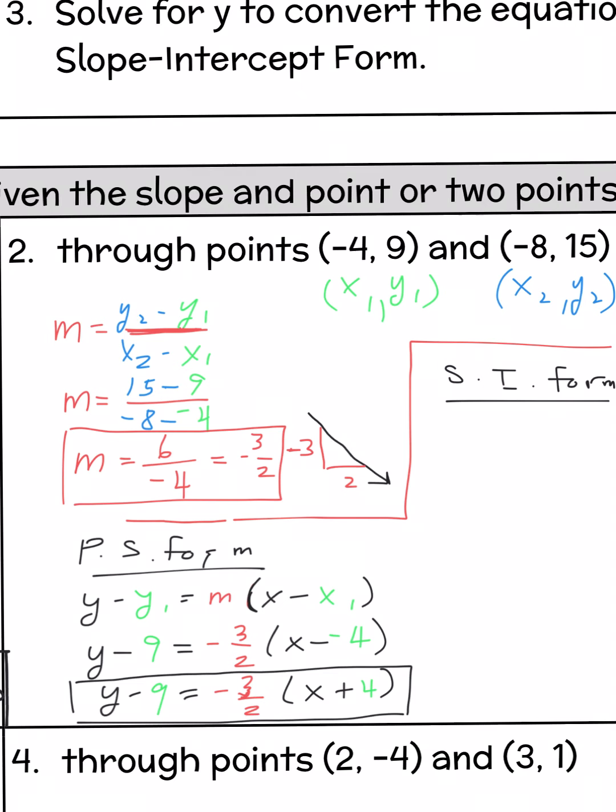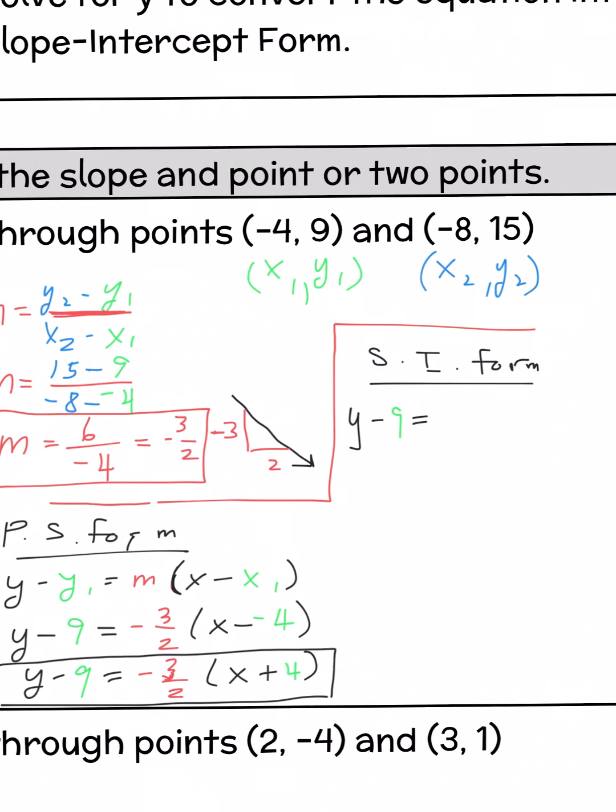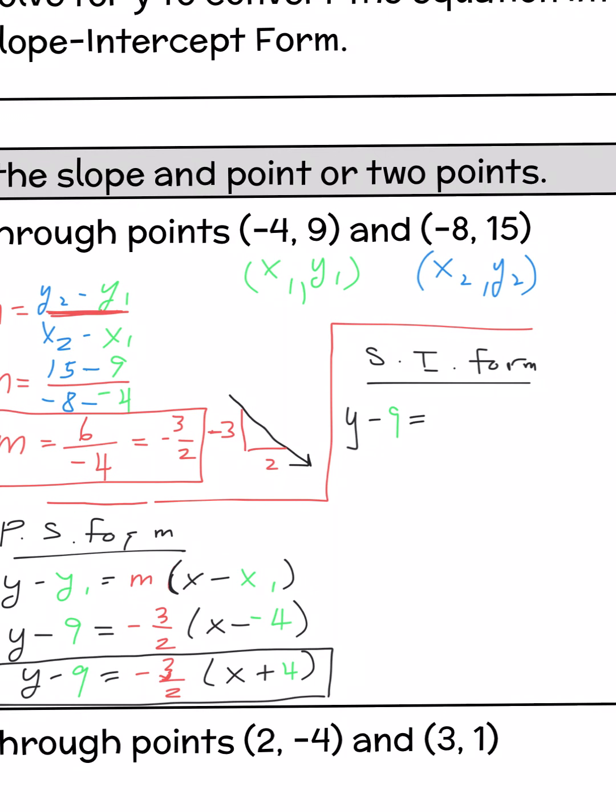So the left side stays the same. Y minus 9 equals negative 3/2 x minus 3/2 times 4.